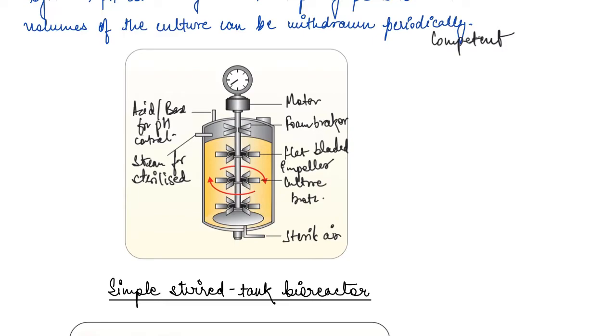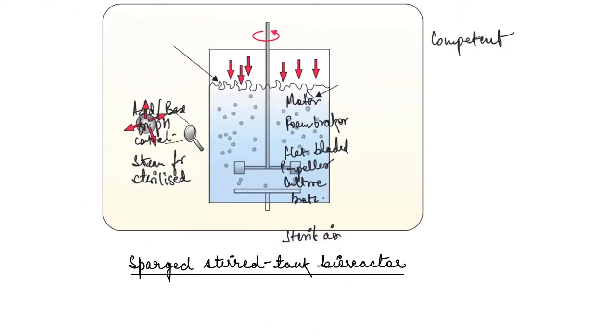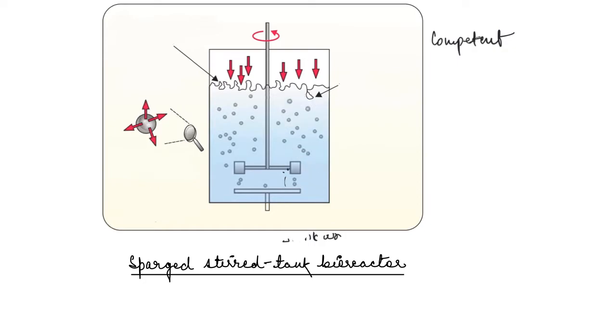Now you'll see another bioreactor as well where air bubbles are sparged. So this is a sparged stirred tank reactor. Now you'll see what happens here. So basically, what you can see is gas entrainment, right? So there is an increased surface area. And why is the surface area increased here? It is increased for oxygen transfer.